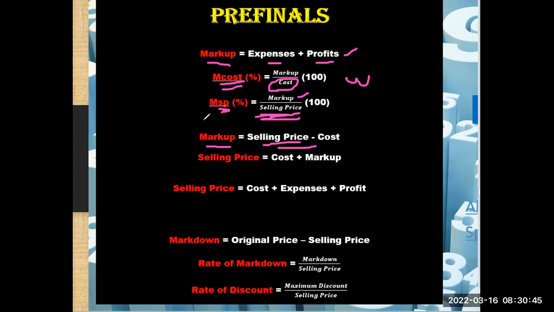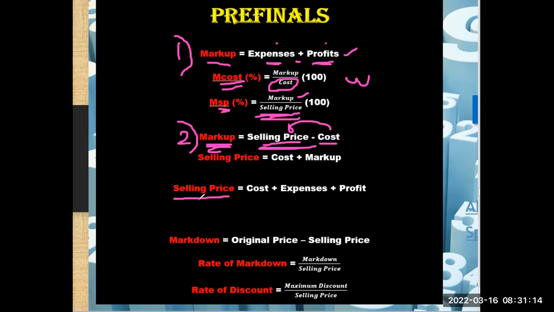So, there are two ways to compute the markup. It's either depending on the given. Siyempre, kapag ang given na expenses at profit, you add the two. If markup ang missing and then given ang selling price and then the cost, you subtract cost from the selling price. So there are two ways.